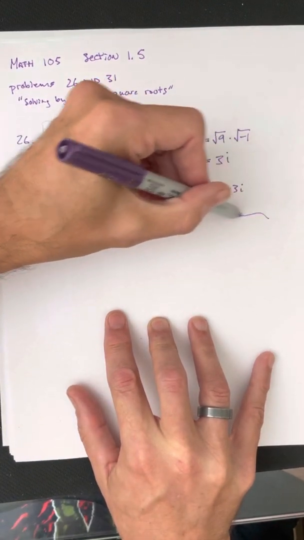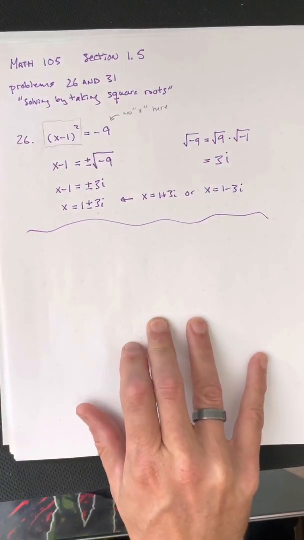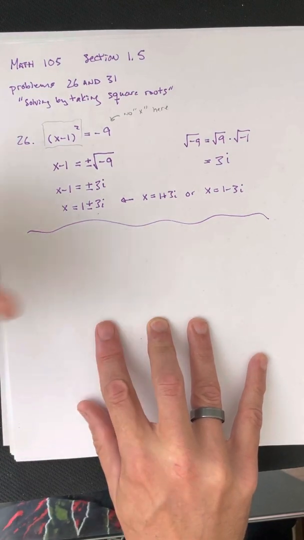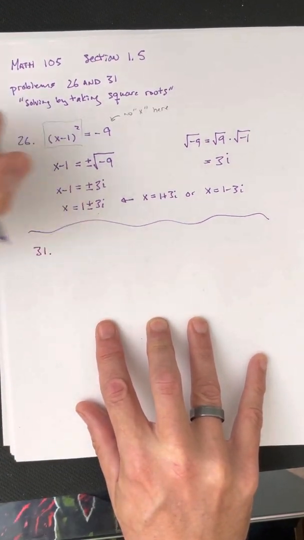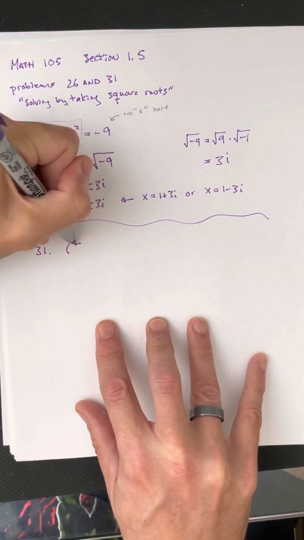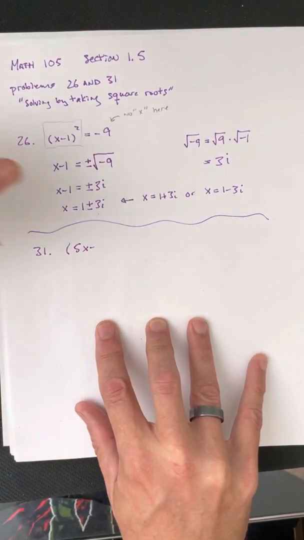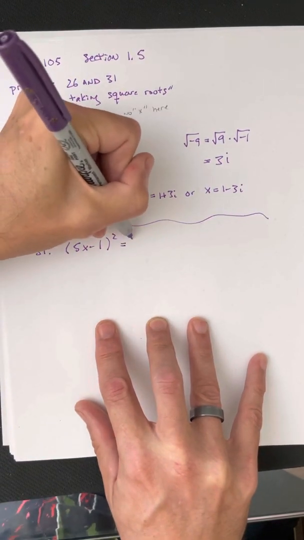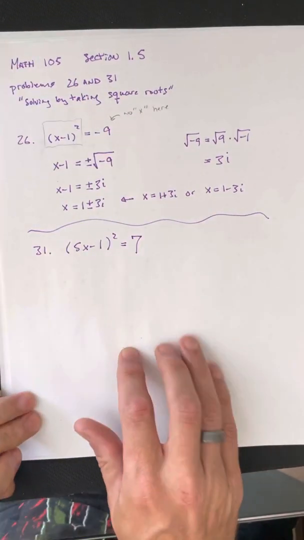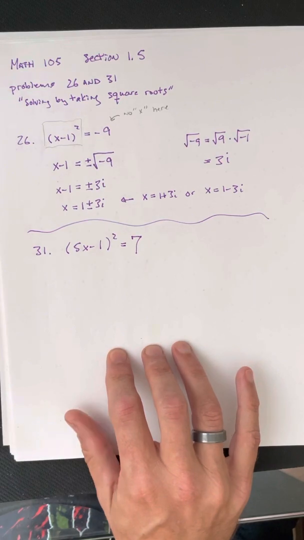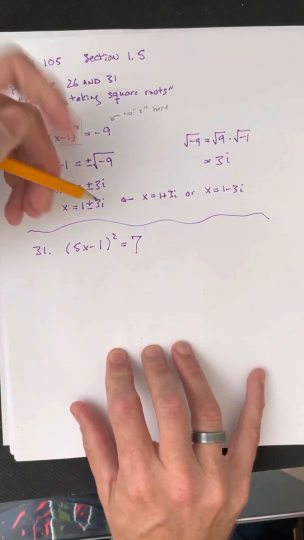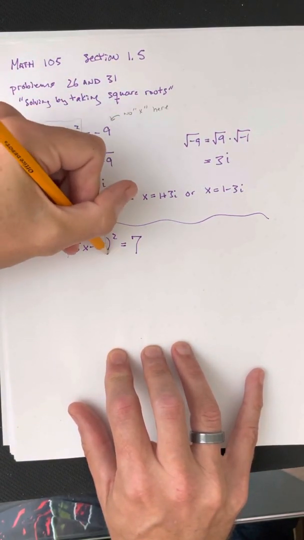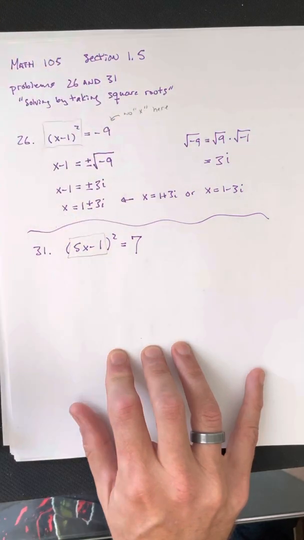Okay, let's try one more. 31. So 31 is the quantity (5x minus 1) squared equals, this time, 7. So again, we get the same setup. I've got something squared, so this thing squared equals a number.